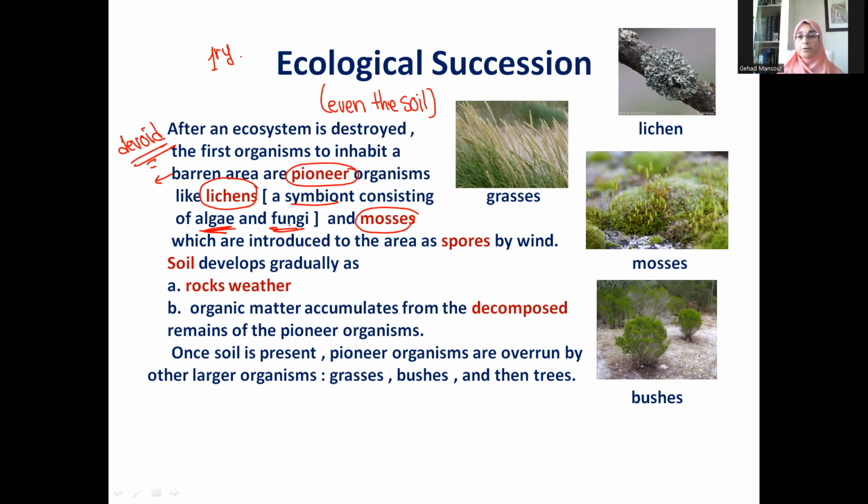Yes, this symbiosis is important because the algae are autotrophic organisms, meaning that these organisms are capable of converting inorganic material like carbon dioxide and water into organic material, whereas the fungi are heterotrophic organisms, meaning that they cannot build their own food, but the fungi can absorb the food that is made by the algae.